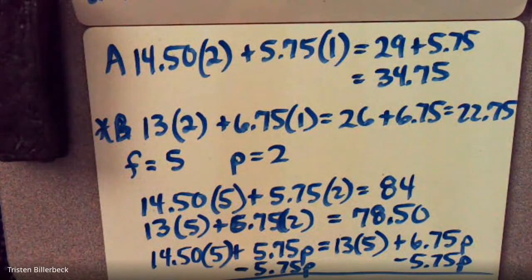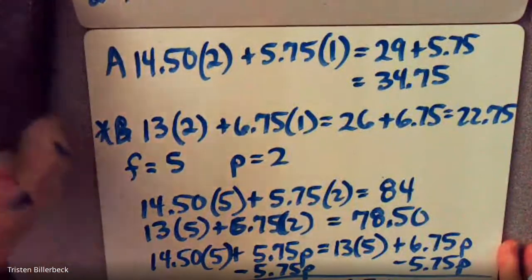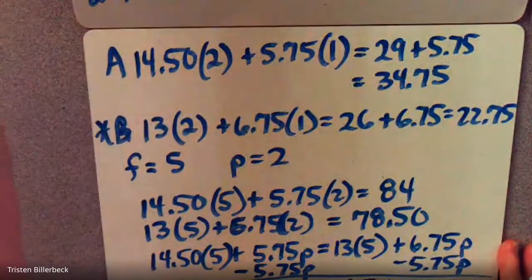14.50 times 5, I'm just going to do that quickly, is 72.50. And then this one is just going to be 65, plus 1 times P. So when we move this over, 65 and P here, we ran out of whiteboard space, but we could still find the answer.